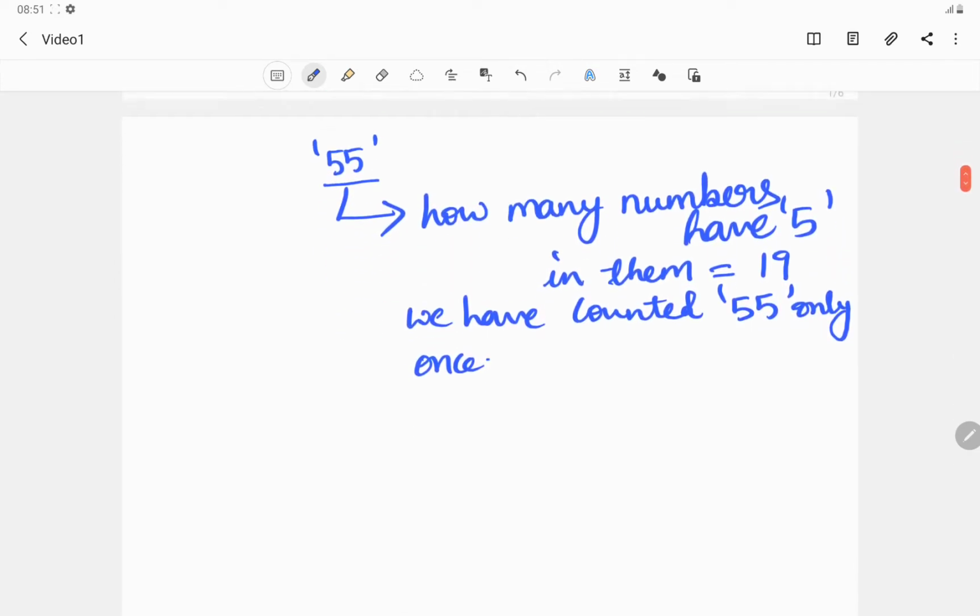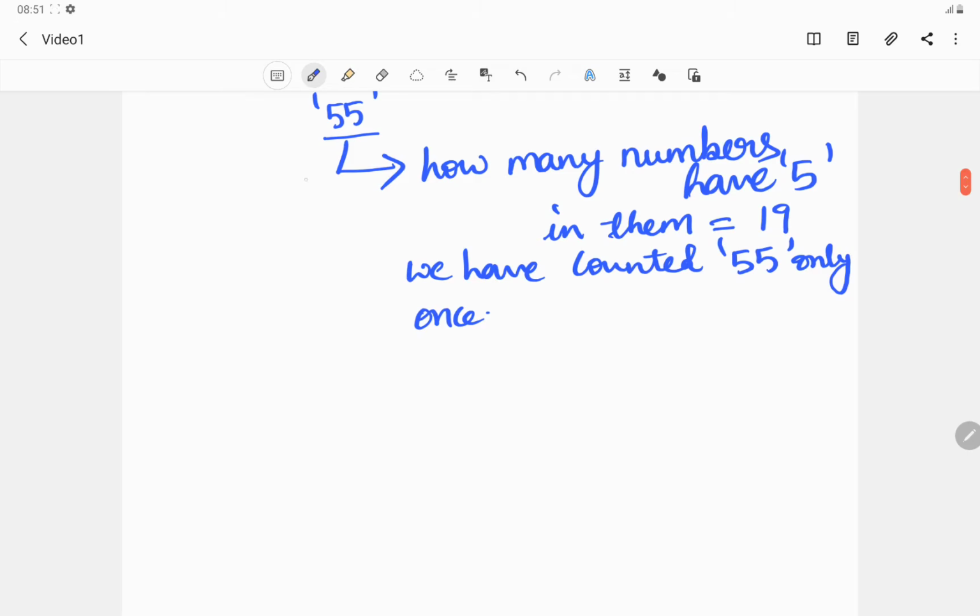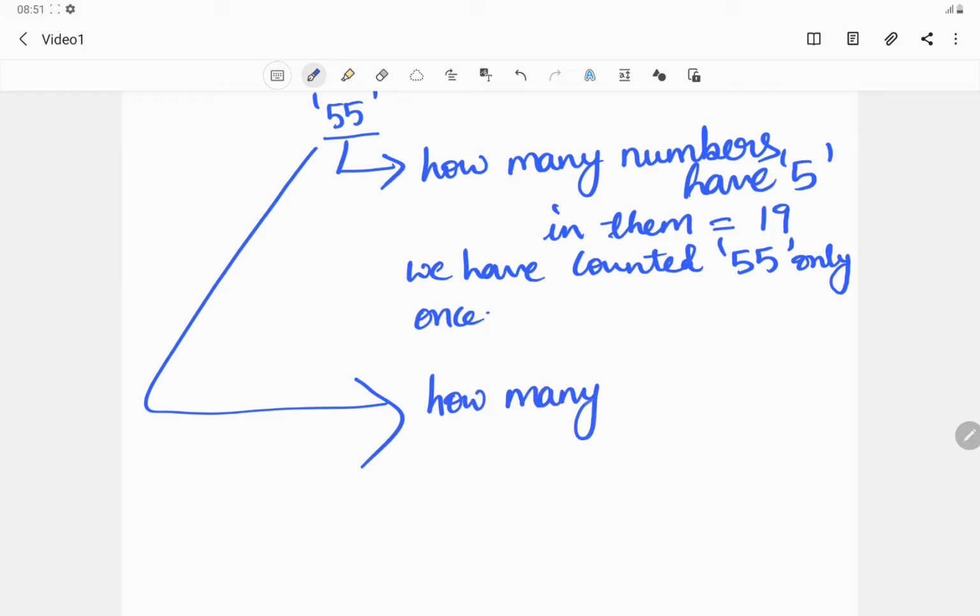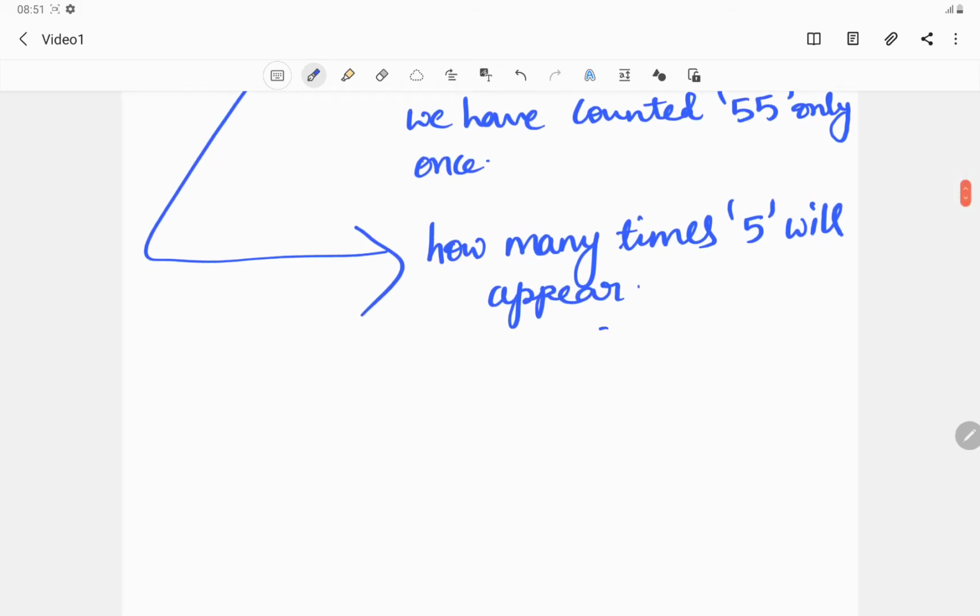We did not count 55 twice. Whereas for the second part of the question, that is how many times 5 will appear, in 55 the digit 5 is appearing twice.